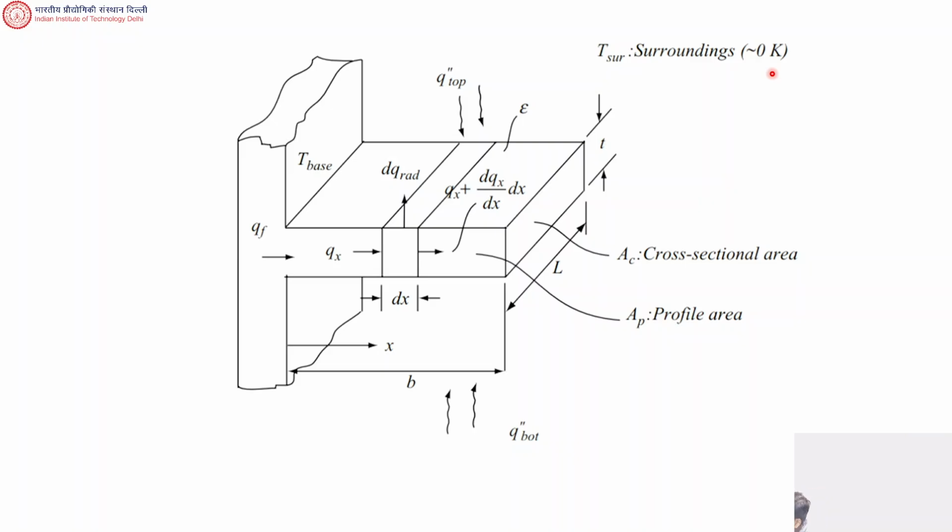Now, one good thing is that the surroundings are at 0 Kelvin, again approximately. Why? Again the same thing, that you hardly got any molecules out there. See, the temperature relates to the average kinetic energy of the molecules, right? If you hardly have got any molecules, then the temperature will be close to 0 Kelvin, right?